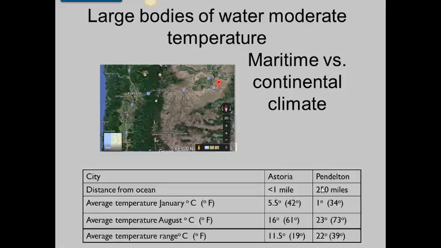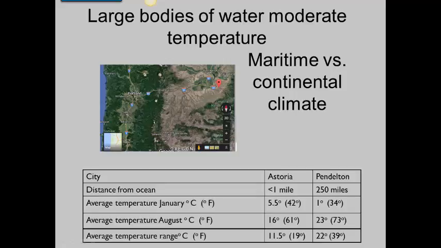The average temperature in January is going to be about 42 degrees Fahrenheit in Astoria, whereas it's going to be 34 degrees Fahrenheit in Pendleton. The average temperature in August, however, is going to be lower in Astoria, about 61 degrees Fahrenheit, whereas it's about 73 degrees Fahrenheit in Pendleton.